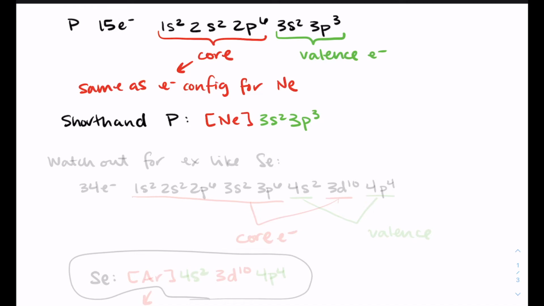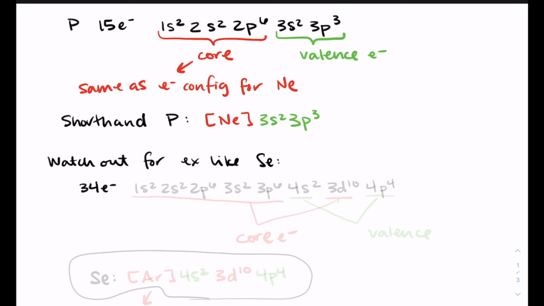Now the thing to watch out for, and this is why we will deal with valence electrons, but we will be careful once you get below a certain row. So let's do selenium. Selenium has 34 electrons. So filling things in order, it's 1s2, 2s2, 2p6, 3s2, 3p6.